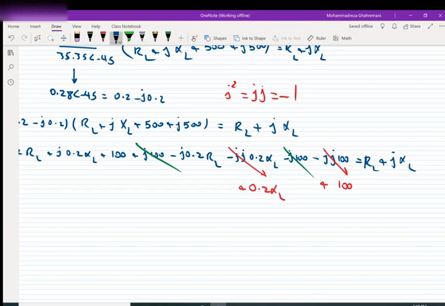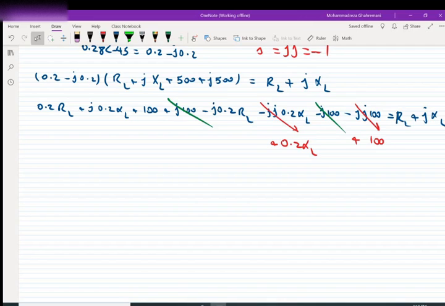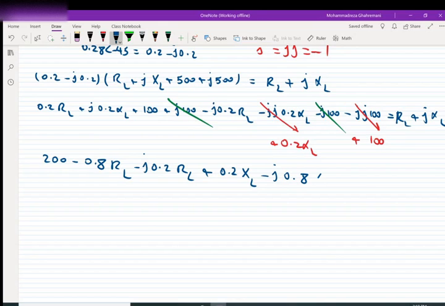And if we simplify this equation, we will have 200 minus 0.8 RL minus j0.2 RL plus 0.2 XL minus j0.8 XL is equal to 0.